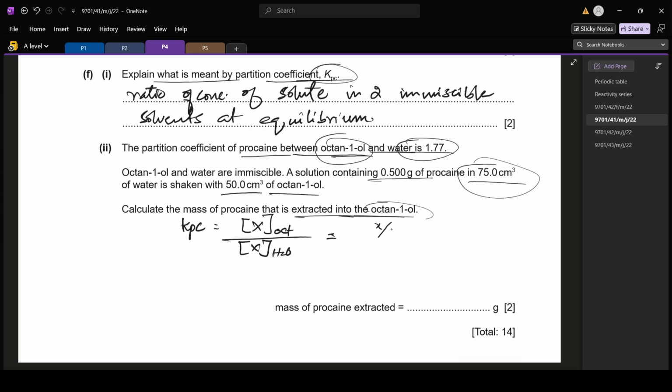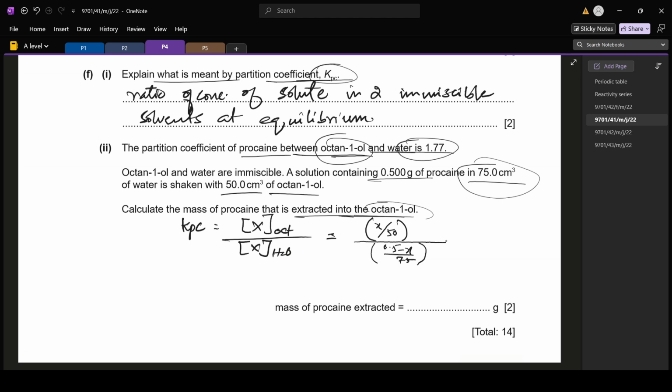So X divided by 50 cm cube is your concentration in octan-1-ol. Then the concentration in water: X grams went into octan-1-ol, so you will have 0.5 minus X grams in water, and the volume of water used is 75.